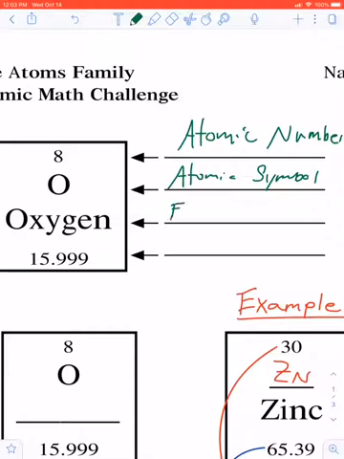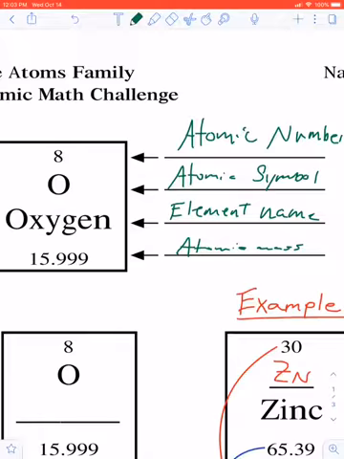We like to just call it the element name. Hope I can't spell. Good golly, I gotta erase that. I can't leave that like that. And then this is the atomic mass.